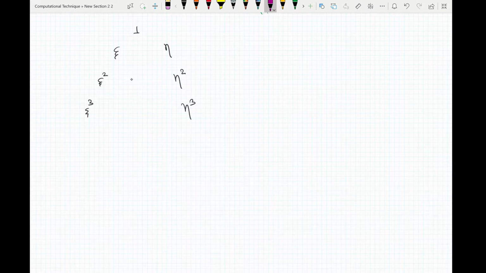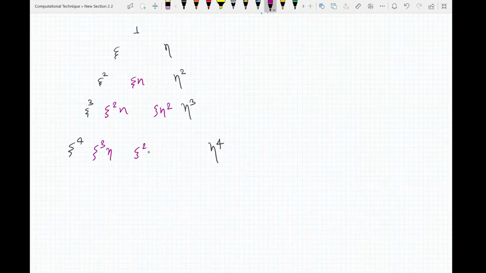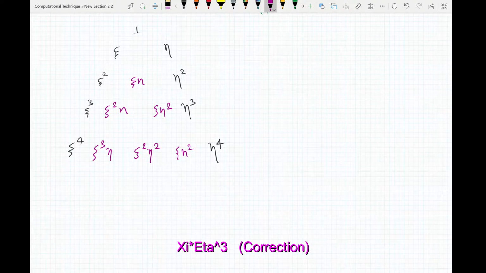Here you'll have xi eta, here xi square eta, here xi eta square, and then you can have xi 4, eta 4, and then this will be xi cube eta, xi square eta square, xi eta cube. So this is the form of the Pascal's triangle.